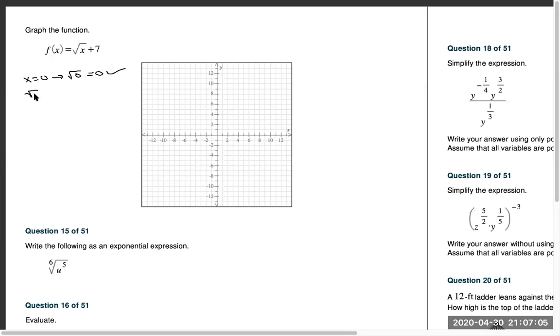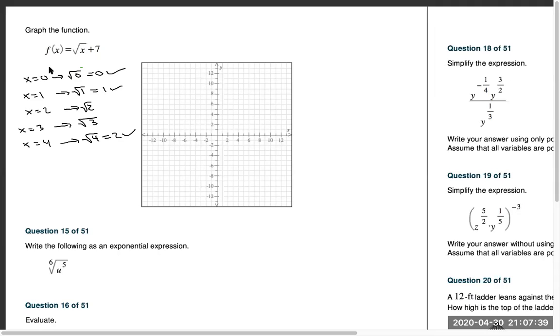If I pick x to be 1, that's also a nice root. If I pick x to be 2, I get an irrational number. So I would have to approximate this, not such a nice number, okay? For x equals 3, same thing, it's irrational. And then x equals 4, you get square root 4, which is 2. So that would also give me something nice.